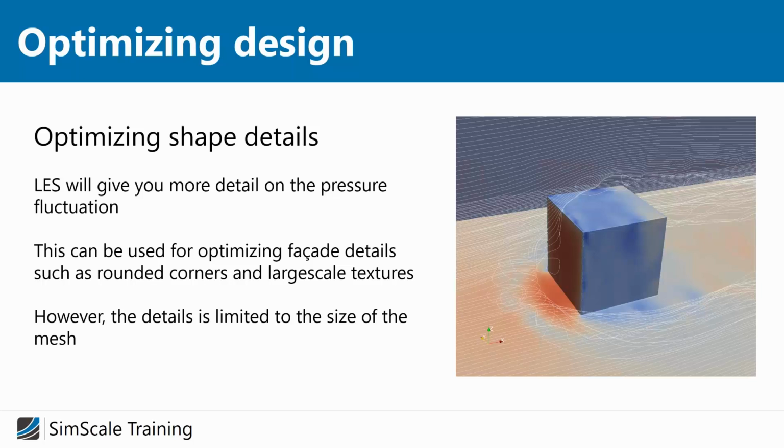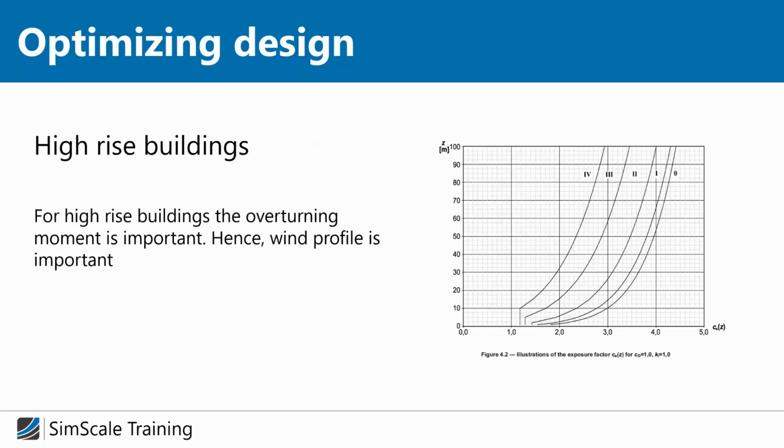If you are interested in high rises, then you need to have the atmospheric boundary layer, because the overturning moment is of importance for the high rises.